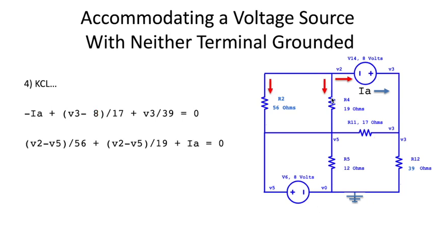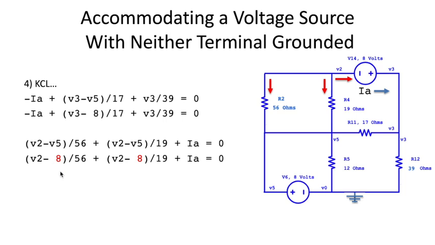Moving on to node 2. We have a current down from node 2 through the 56 ohm resistor, so that's going to be (V2 minus V5) over 56. Another current down, (V2 minus V5) over 19. And then we have a contribution as well associated with the current leaving the node and going through that upper voltage source. That's equal to plus IA.